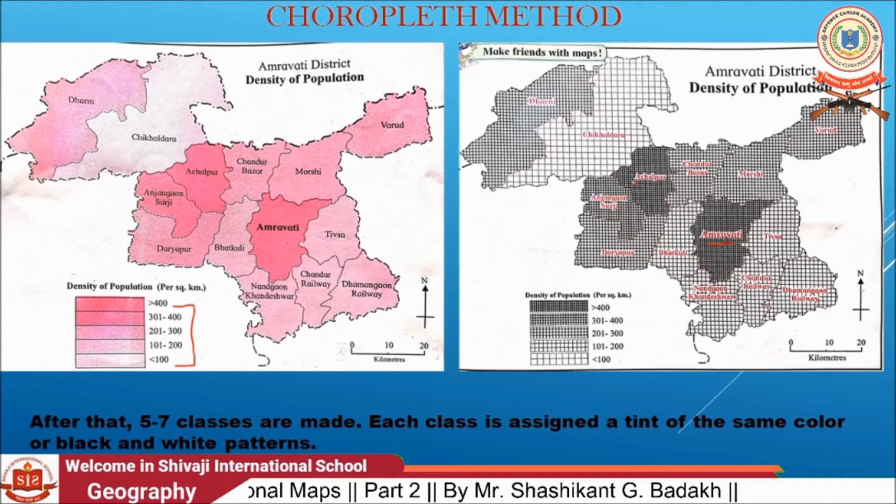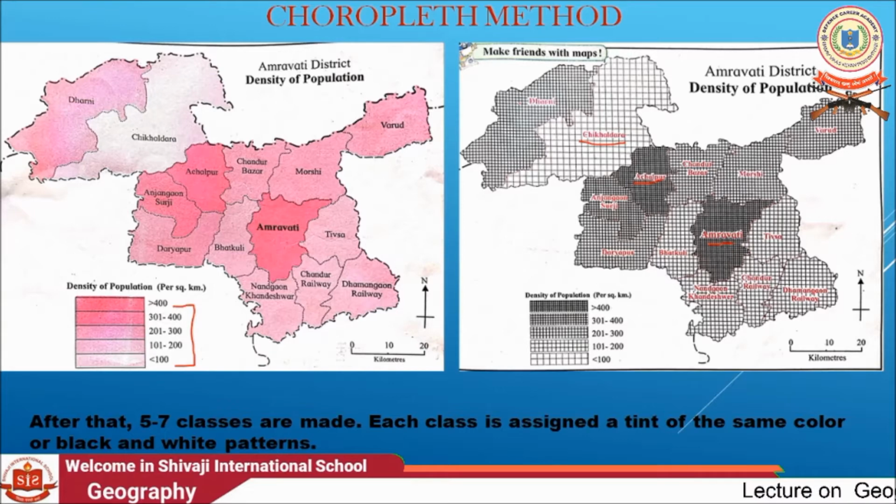Even Achalpur is more than 400, whereas Chikaldara's population is less than 100 per square kilometer. So by these two ways we can show the population density with the help of the choropleth method.